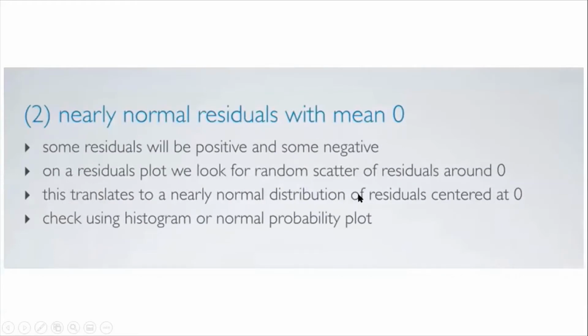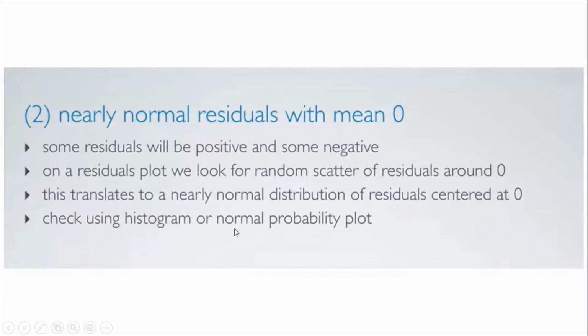The second assumption is, as usual, our residuals should be nearly normally distributed with mean 0. Some residuals will be positive and some negative, and we look for random scatter of the residuals around 0. This translates to a near normal distribution of residuals centered at 0.